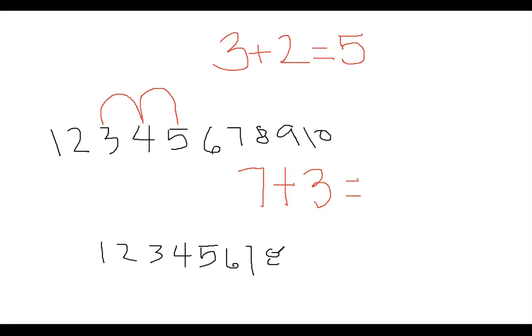I'm going to start from 7 and move 3 times forward. So 1, 2, 3. So my answer is what? 10. So equal sign and then 10. Now raise your hand if you feel comfortable using the number path. Kyra, good job.